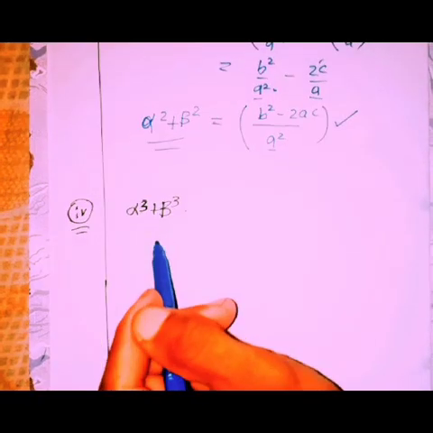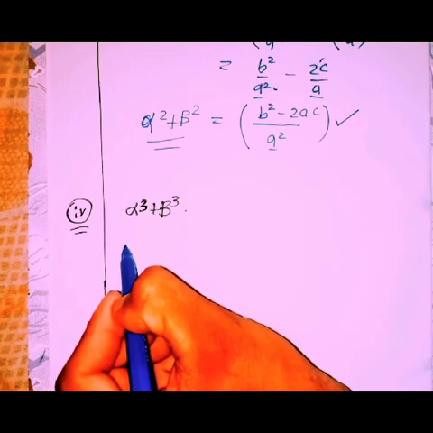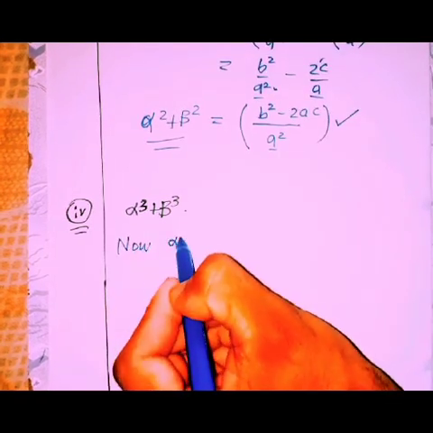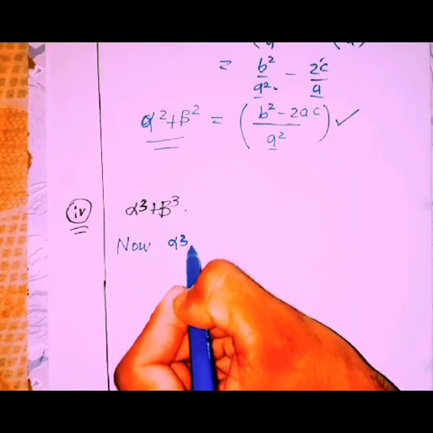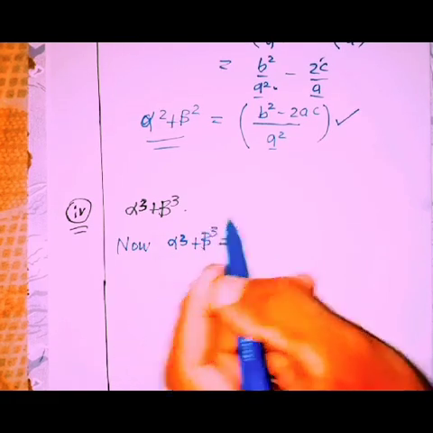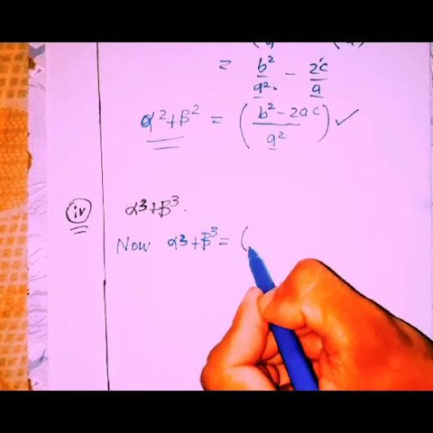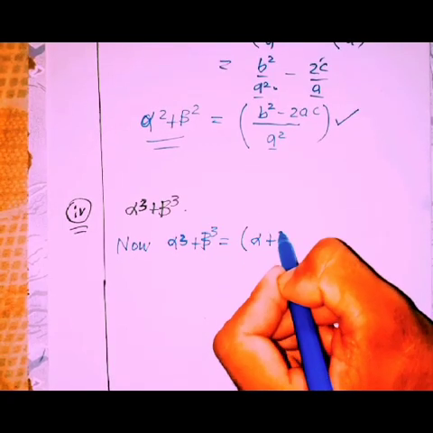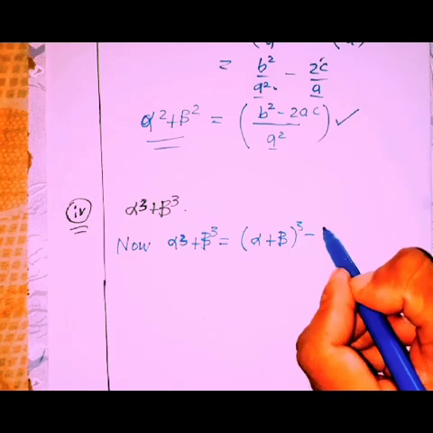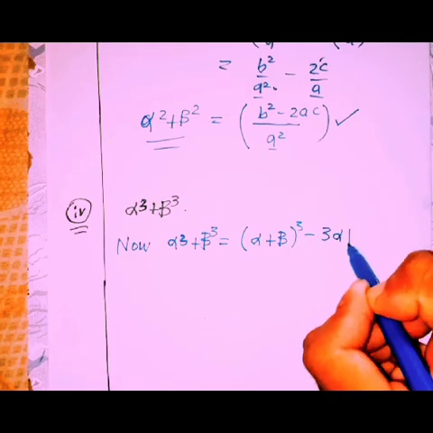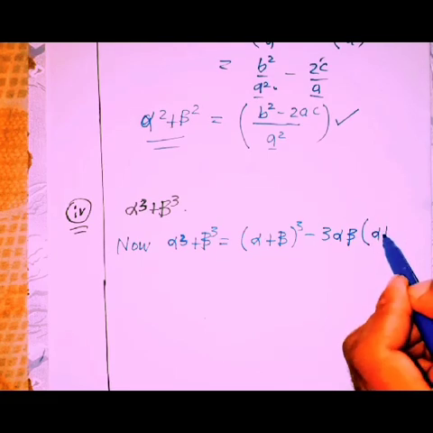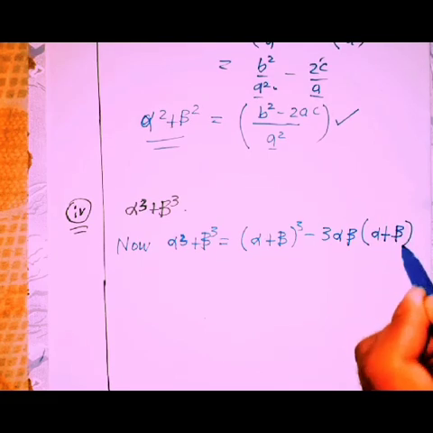Now we have alpha cube plus beta cube. So now we can write alpha cube plus beta cube is equal to alpha plus beta whole cube, power 3, minus 3 alpha beta into alpha plus beta.